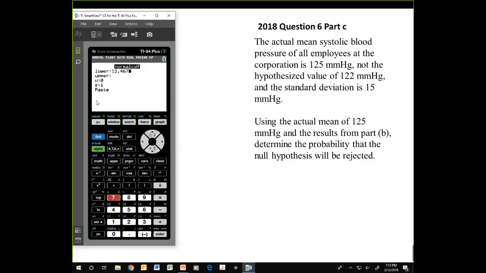We want the area to the right of that, so the upper limit would be infinity.